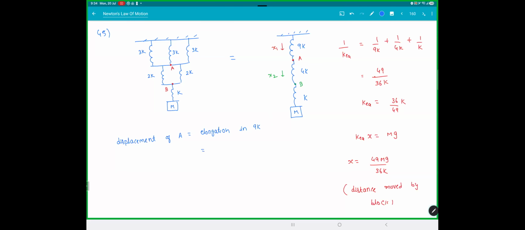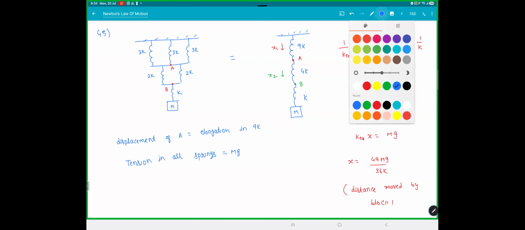And what's the tension in all the springs? Tension in all the springs is mg because all are in series. So the displacement of A would be simply mg by 9K. What's the displacement of B then?